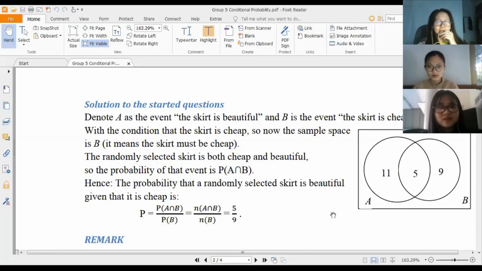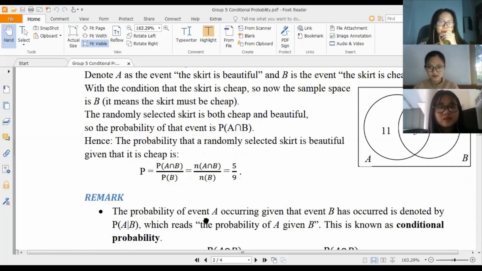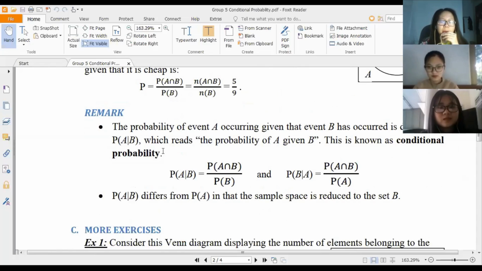So after this example, we move to a conclusion and we have this remark. The probability of an event A occurring given that event B has occurred is denoted by this, which reads the probability of A given B, and this is known as conditional probability.